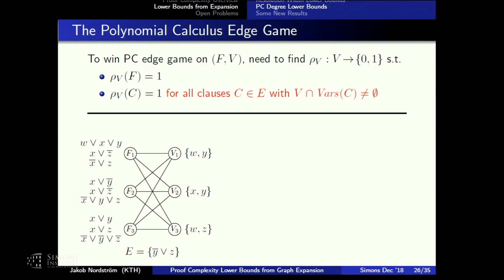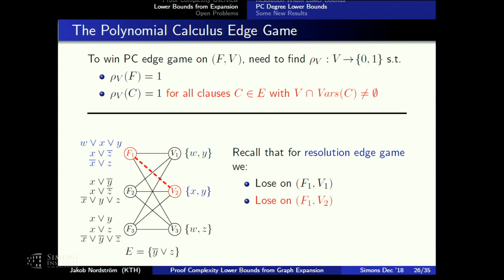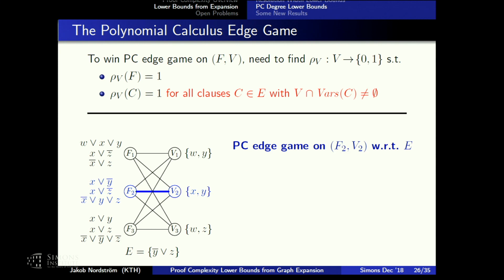Okay? So here is our example graph again. Remember that the resolution game is an easier game. So if we're losing already there, then we're screwed. So we lost on this edge, we lost on this edge, we won on this edge in the resolution game. So now let's see what happens if we want to play the PC edge game, the polynomial calculus edge game. So now we actually lose because if you think about it, we're going to touch the filter set.